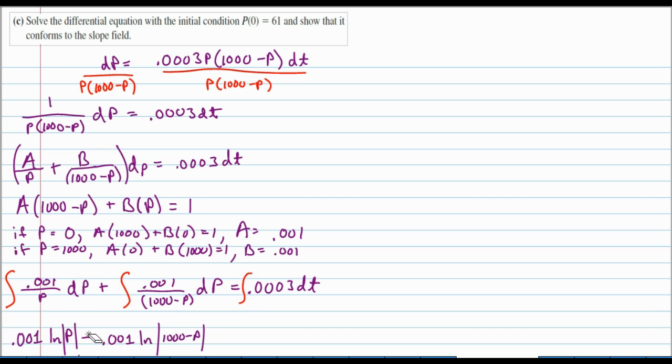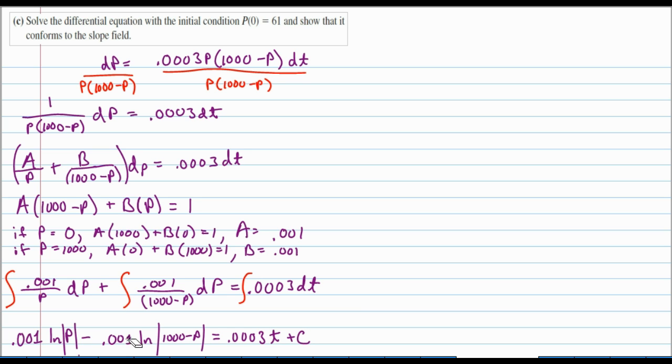Now this one I would have to subtract 0.001 natural log of the absolute value of 1,000 minus P because that is a minus P, so I kind of have to divide by du. And then on the other side I get 0.0003 now with the variable t, because that was a dt, and then of course plus C.